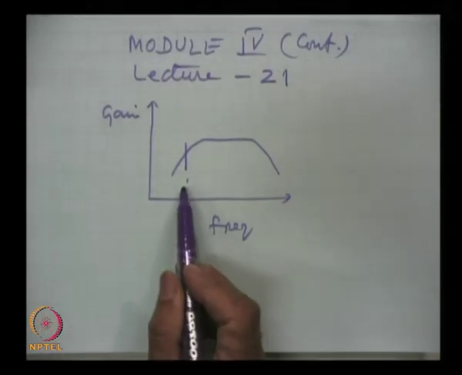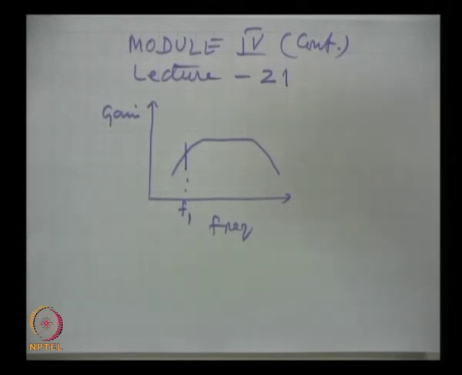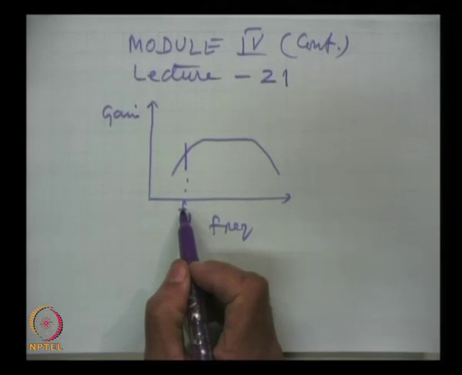But in the plot we get only one value f1. So, which of these 3, f1, f1 prime, f1 double prime, do we have to consider? The one out of these 3 which has the highest value of cutoff frequency will be the one that we call f1.